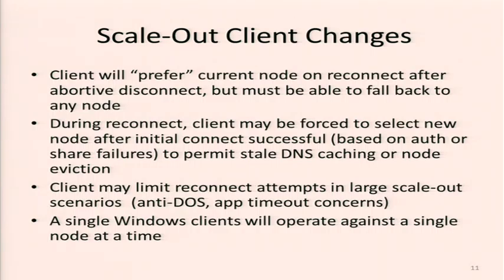And since the scale-out configuration may change over time, and given that we are, as you saw in the first slide, using DNS, the configuration that the client knows may not be the same as the actual state on the back end. So the client must be able to recover from that. And if there is a node that is, for example, evicted from that scale-out configuration, then it will treat that as an unsuccessful auth, and then it should retry some of the other nodes.